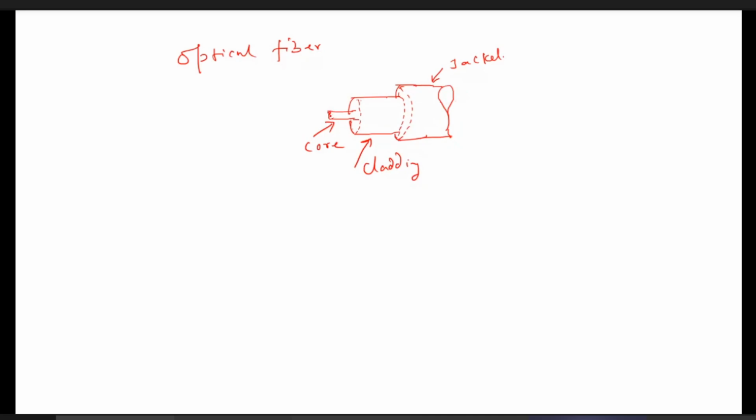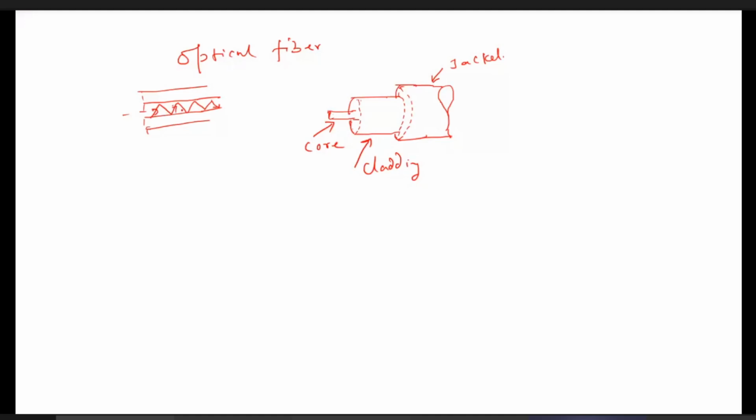If you see the optical fiber working principle, probably you have read it in your 12th class: light is transmitted through total internal reflection. So there is a core and a cladding, just two layers if you consider. If you launch the light, it will be reflected in this way. This is the simplest one, through ray optics.